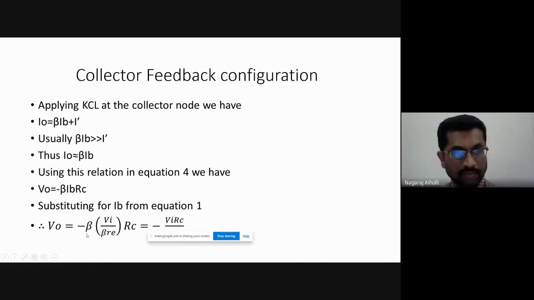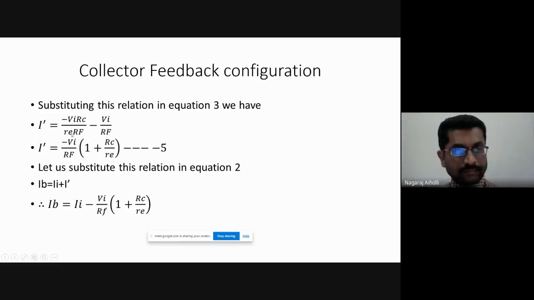Therefore, V naught will be equal to minus beta into VI by beta RE into RC. Beta and beta will cancel, so we get minus VI RC by RE. Because beta and beta cancel, V naught will be equal to minus VI RC by RE.